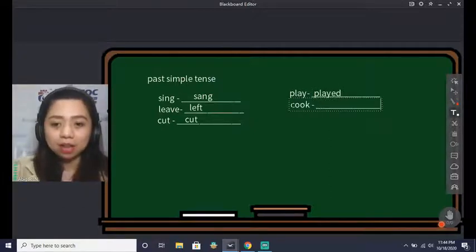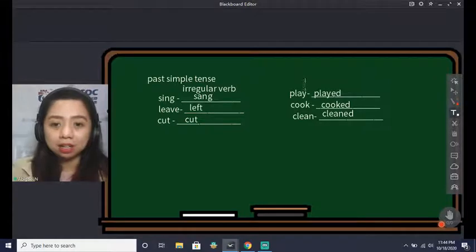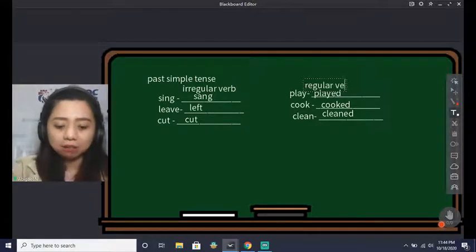You know that. It's cooked. What is the past tense of clean? Yes. Of course, you know, it's cleaned, right? So you have to be familiar with our irregular verbs and regular verbs.